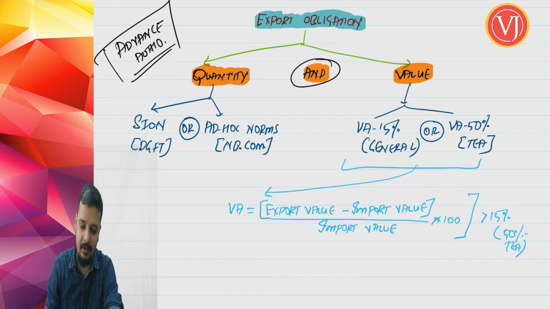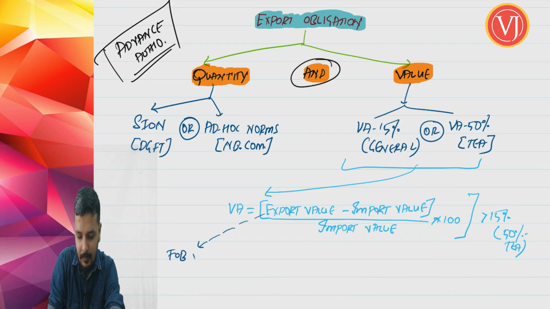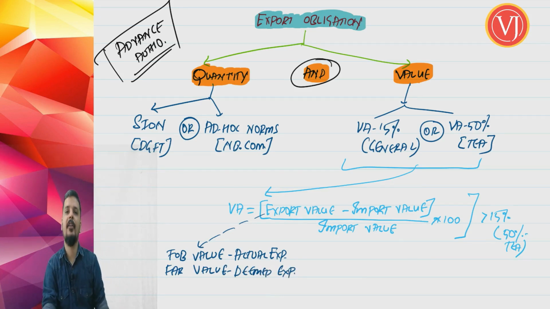Normally it should be more than 15%. Now friends, what all will be included in your export value? Your export value will include your FOB value for actual exports. Here deemed exports will also be allowed, that we will also discuss. FAR value, so even deemed exports will be counted: FOB value for actual exports, FAR value for deemed exports.